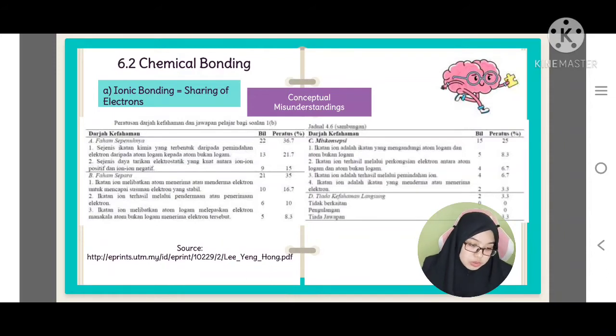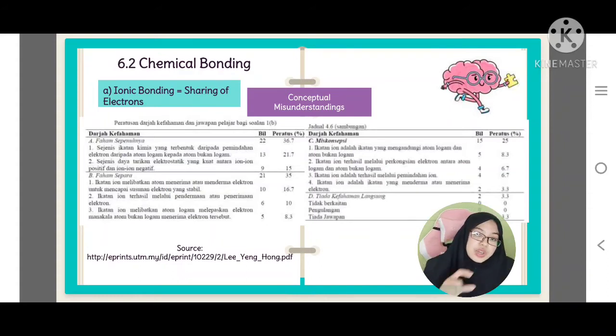Okay, and they found that there is a misconception where the student says ionic bonding is a bond that consists of metal and non-metal, but it doesn't state whether transfer or sharing. And then the second misconception is that ionic bonding is formed from the sharing of electrons between atoms, metal and non-metal.